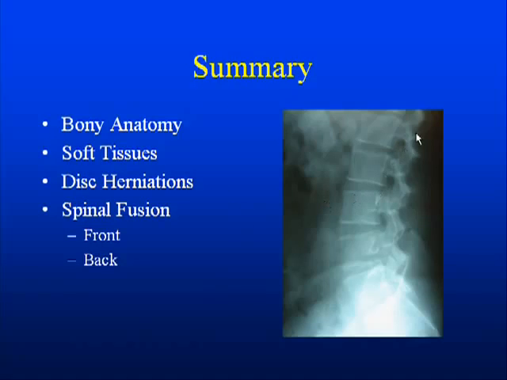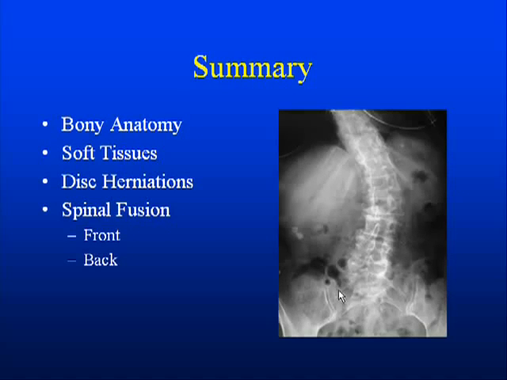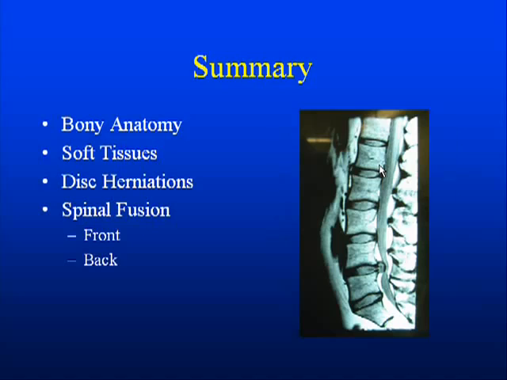In summary, we have seen the lumbar spine x-ray where things line up pretty nicely. We have seen it when things are not lining up well, and we have a spondylolisthesis with the bone falling forward. We have seen the frontal view showing us a big curvature, which is scoliosis.